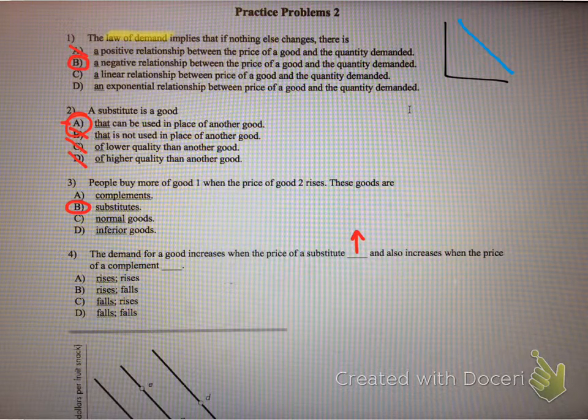And demand also increases when the price of the complement what? Well, the demand would have to increase if the price of the complement went down, because then more people would want to buy it. So the answer choice here is B.